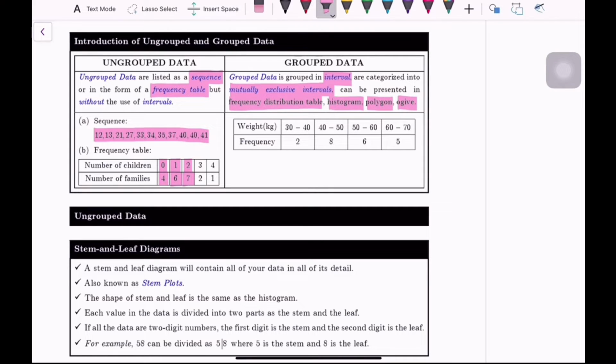Example, weight from 30 to 40 kg, we have 2 frequency. 40 to 50 kg, the frequency is 8. From 50 to 60 kg, the frequency is 6. And from 60 to 70 kg, the frequency is 5.